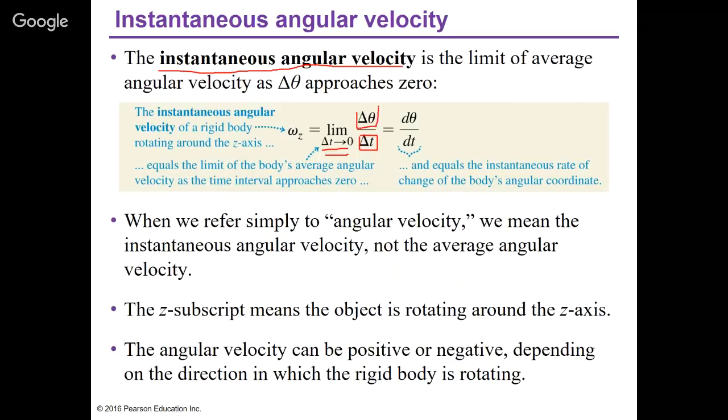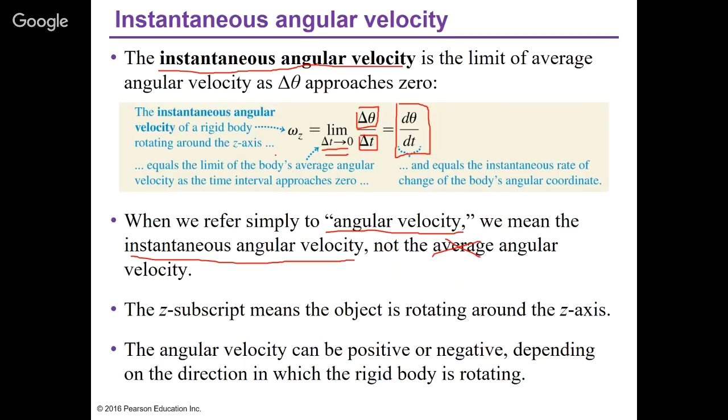That gives us that the instantaneous angular velocity is the time derivative of theta, the angular displacement for a certain rotation. In the rest of the chapter, when we talk about angular velocity, we always mean the instantaneous angular velocity, not the average one.